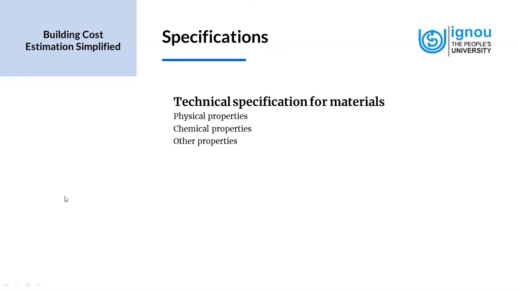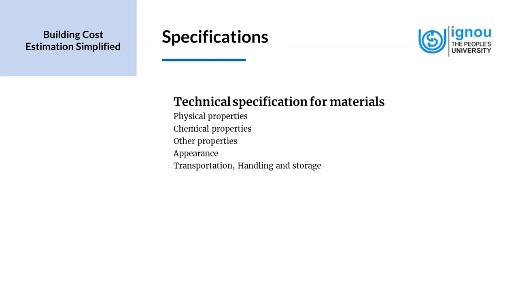Other properties: there are other properties like electrical resistance, thermal properties, acoustic properties, which may have to be specified. Appearance: the specification should also include properties like color, texture, patterns, etc.